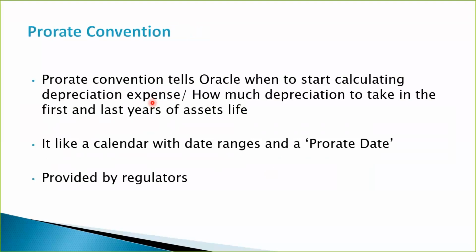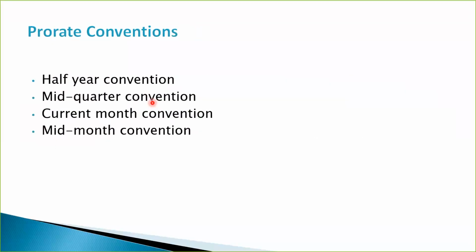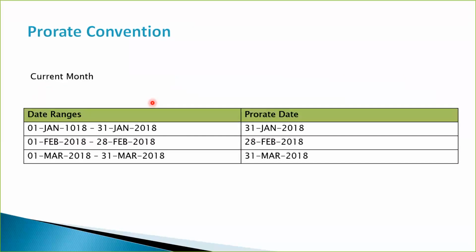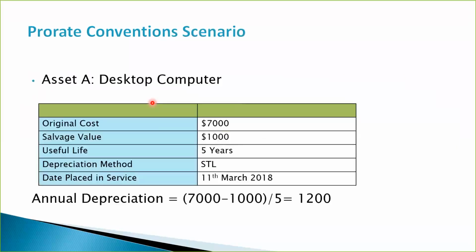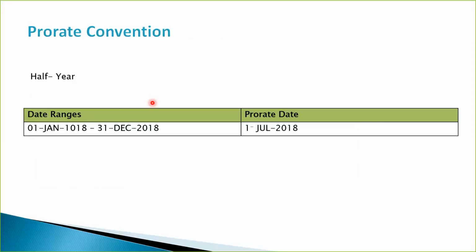And then we talked about prorate convention. And at the risk of sounding like a broken record, this is what it does. It tells us when to start calculating the depreciation expense based on the date placed in service. And we gave examples of conventions, and we went through examples of how they work.